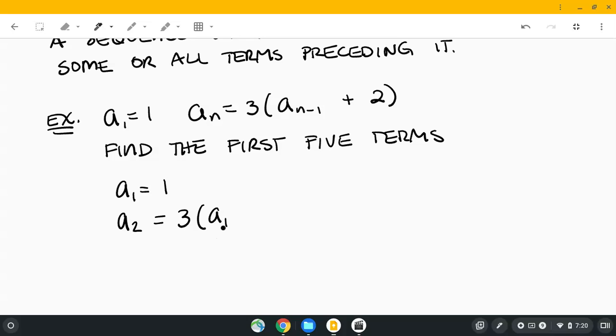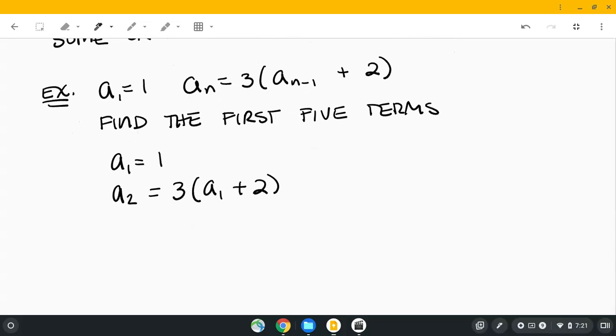If this is A5, this one's A4. If this is A79, this is A78. Okay? And we do know what A1 is. It's 1. So we get 9. Okay.